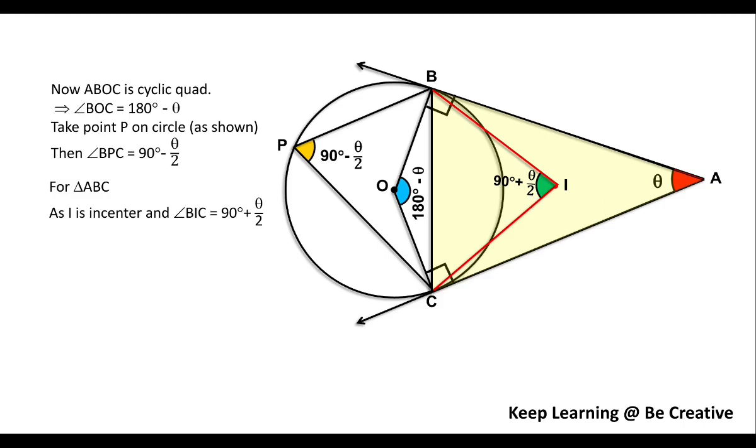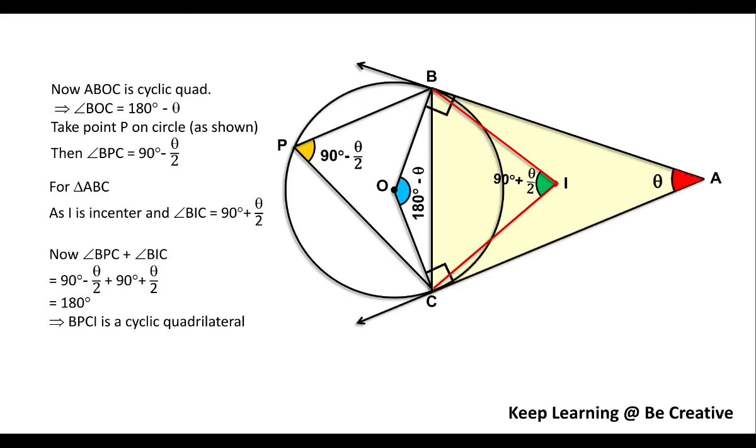Now you can see that angle BPC plus angle BIC is 90 minus theta by 2 plus 90 plus theta by 2, which comes out to be 180 degrees. So if you focus on the quadrilateral BPCI, it will be a cyclic quadrilateral, as the sum of the opposite angles is 180 degrees.